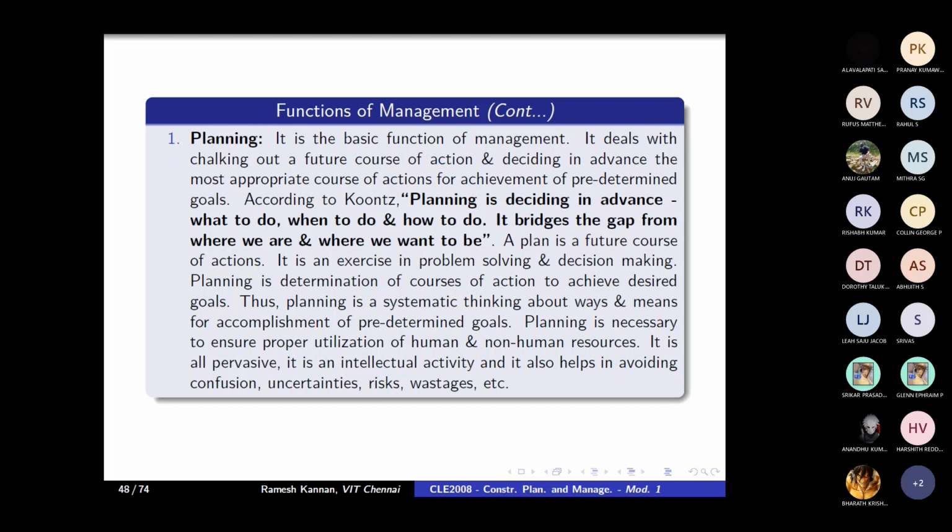And a very important thing is, planning is necessary to ensure proper utilization of resources. The resources can be human or any other resources in the organization, right? There is a course called resource management, which people who do masters in construction management take.